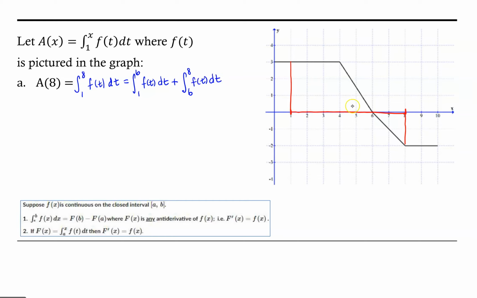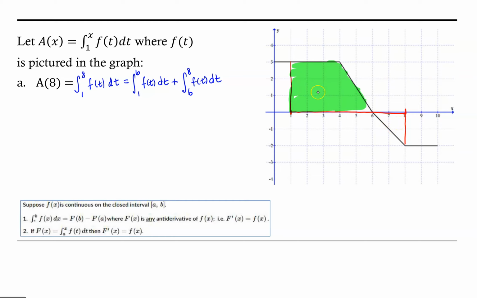Now, if we're to do that, let's go ahead and use the interpretation that the definite integral is the area between the function and the x-axis, actually the signed area. So this area that's above the x-axis will have positive sign, and this area below the x-axis will have a negative sign.